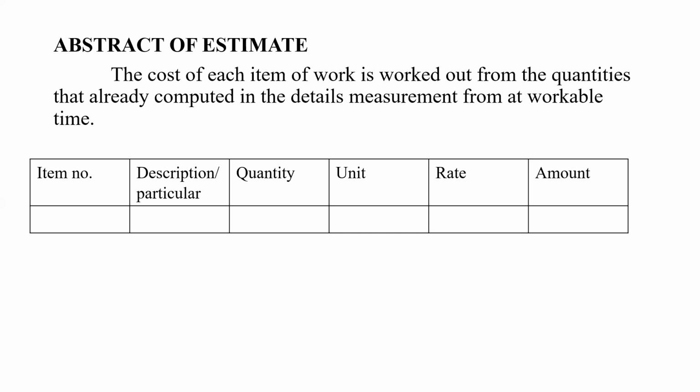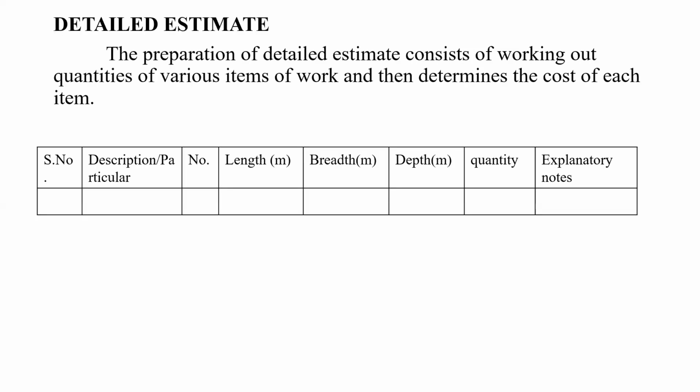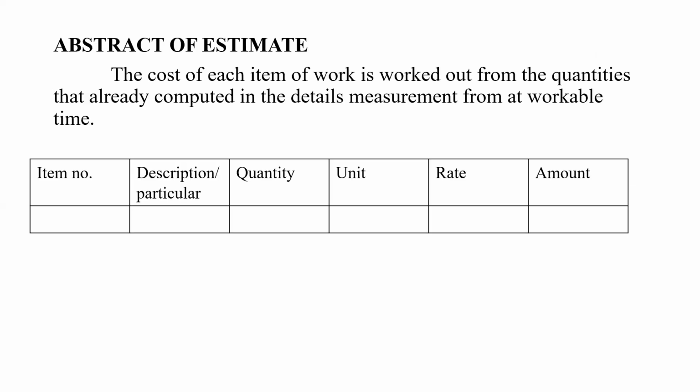Whereas in the abstract of estimate, the cost of each item is worked out, that is item number, description of particulars, and quantity. The quantity is taken from the detailed estimate, where we have calculated the quantity. This quantity should be mentioned here, and then the unit.